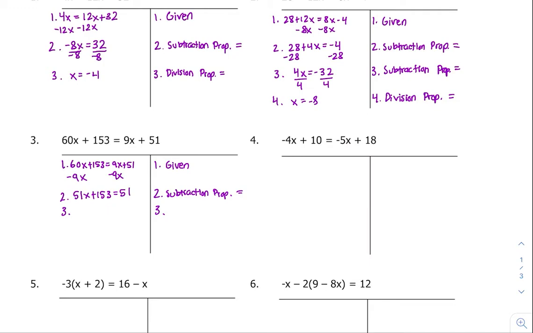Next, so I got my variables on the left-hand side of the equal sign. Now I want my constants to be on the other side. So we're going to get 51x is equal to negative 102.